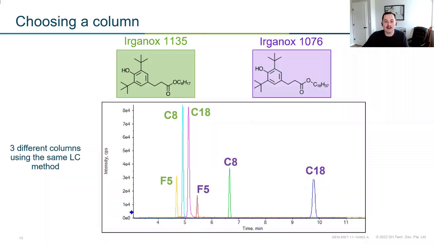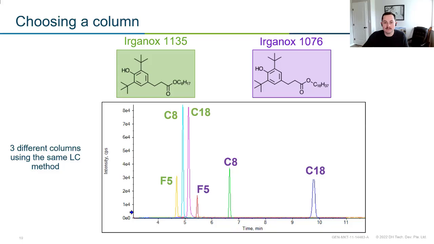But when we look at a larger compound like this one, the difference here would be that much longer alkane tail going from a C8 to a C18. We see a big difference in retention time. Between that C8 and that C18, there's several minutes. I could optimize my chromatography, sure, but I have a really nice peak for my C8.